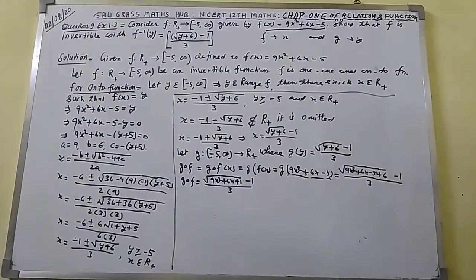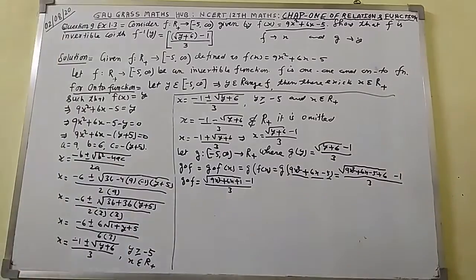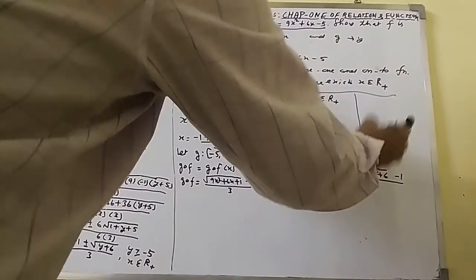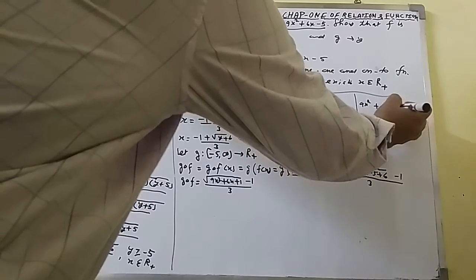This is the quadratic expression we have got, so this value we have to solve. I shall get the solution for 9x square plus 6x plus 1.